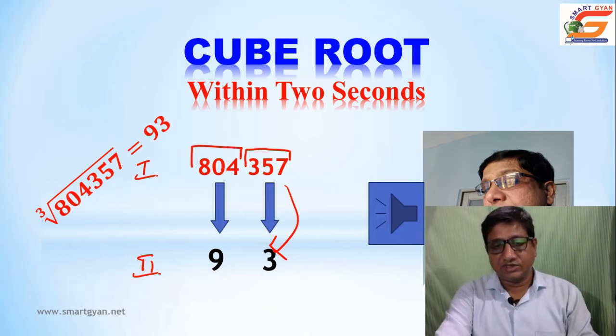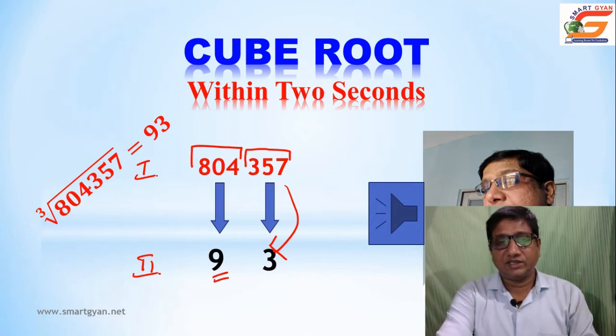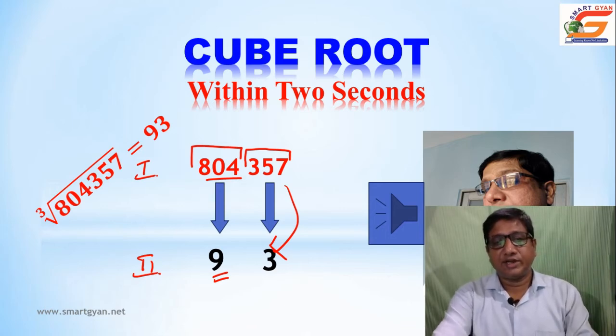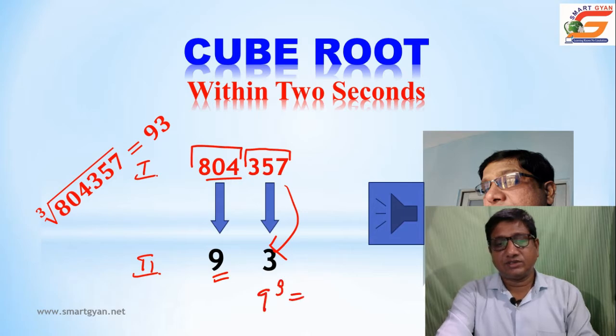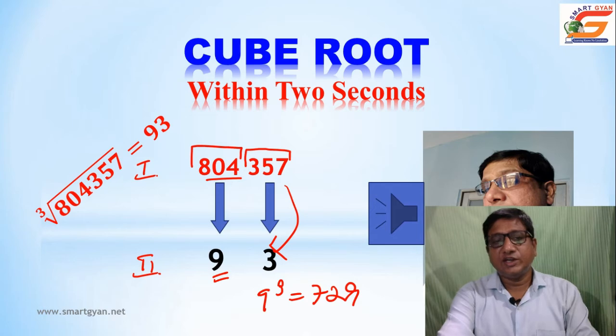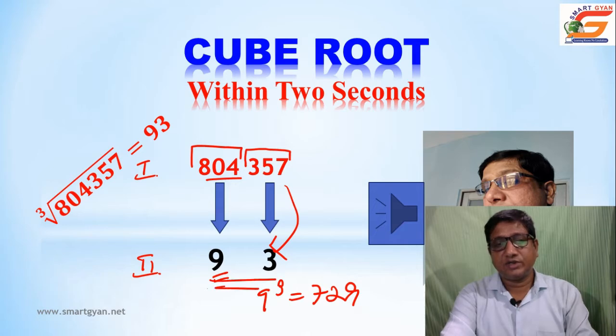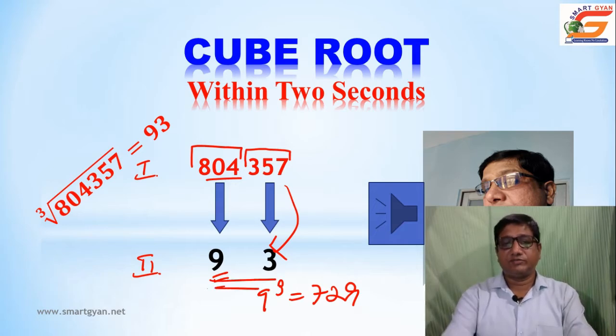For the left part, take a number whose cube is either equal to 804 or less than 804. We know that 9 cube is 729, which is less than 804. 10 cube is 1000, greater than 804. That's why 93 is the cube root of 8,04,357.